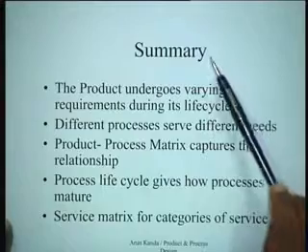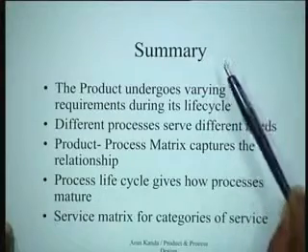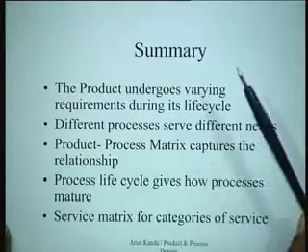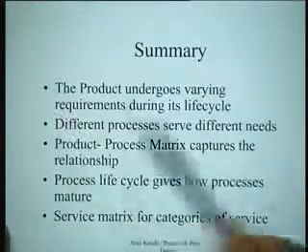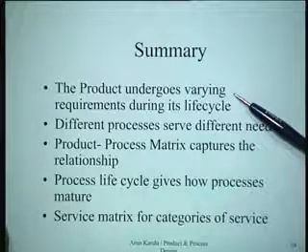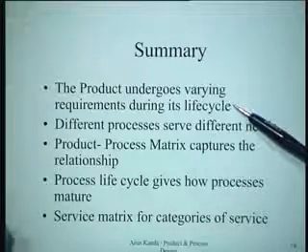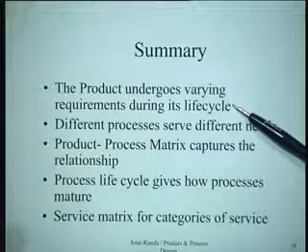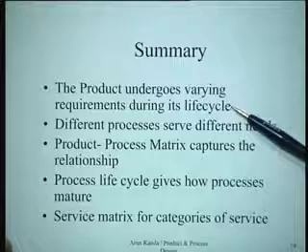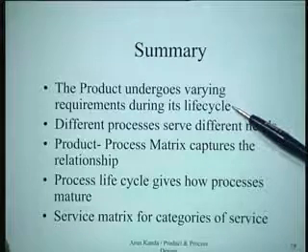Finally, let's try to summarize what we have tried to talk about today. I think the first important lesson for us was that the product undergoes varying requirements during its life cycle. We saw the product life cycle and we saw that there were requirements which varied as the product went through these life cycles.